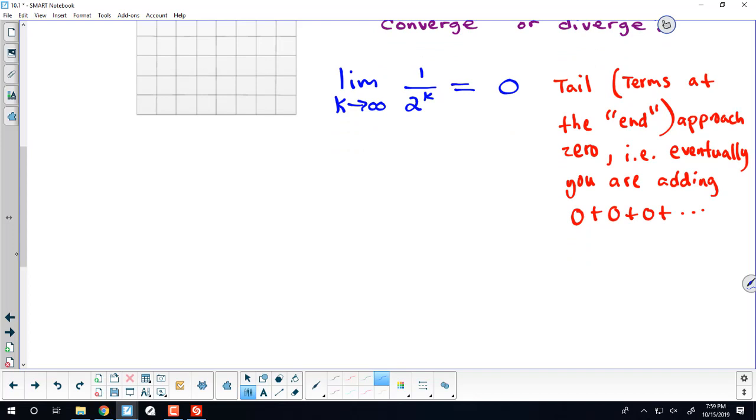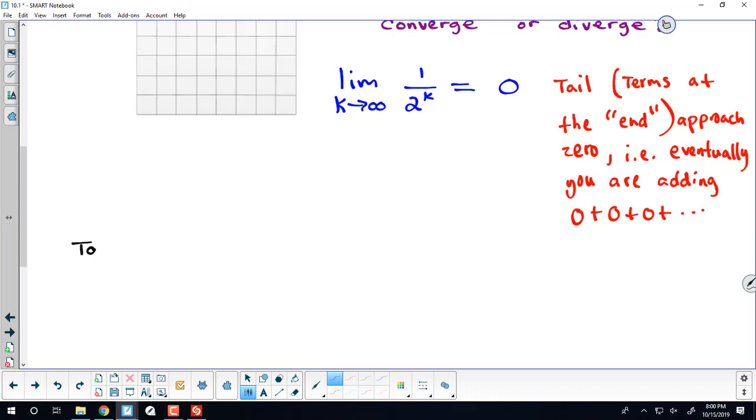So you can't answer the question, does a series converge, just by looking at the limit of the terms themselves. So the idea is, can we take this infinite series and look at it through the lens of a sequence? That's what we're going to do.